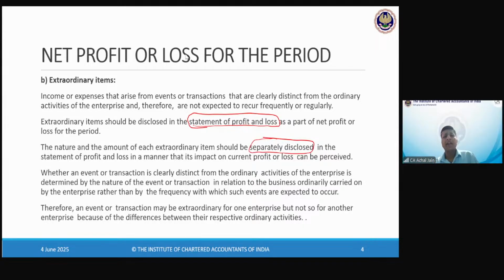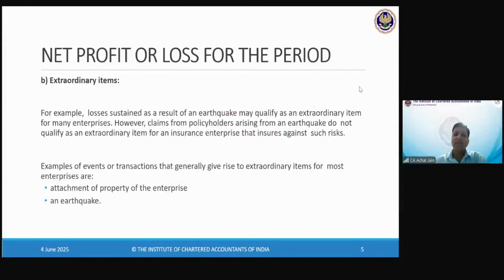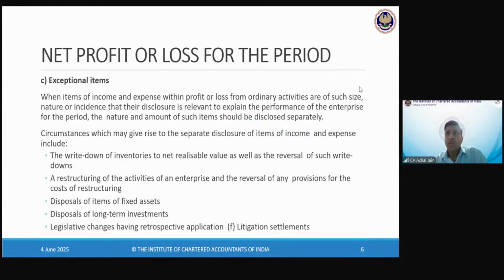Okay, great. Sneha has answered this. It's a P&L item. Anil says it should be disclosed separately. Great. Rohan is saying something which is significant in nature and amount belonging to the ordinary activities only. Yes, very good. So exceptional is not something which is not related to the ordinary activities. It is very much related to the ordinary activities only.